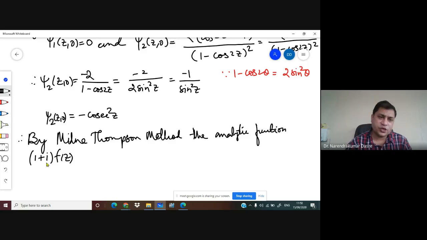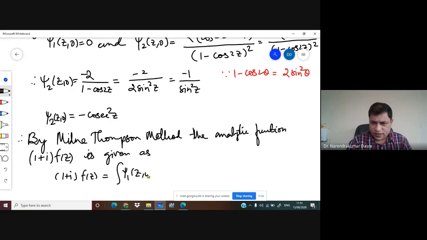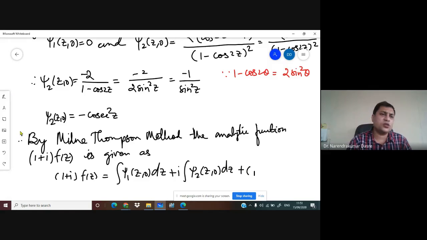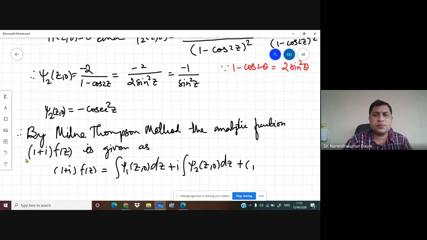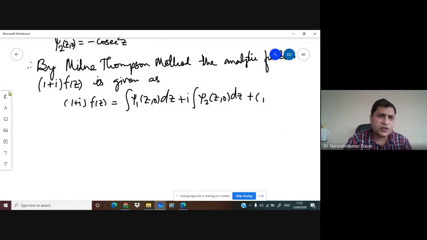We are applying the Milne-Thompson method to this function. So always write the formula: 1 plus i into f of z is integration of psi 1 of z0 dz plus i integration of psi 2 of z0 dz plus the constant of integration. I am choosing C1 purposely for the constant of integration. Later you will understand the purpose of choosing C1 here.